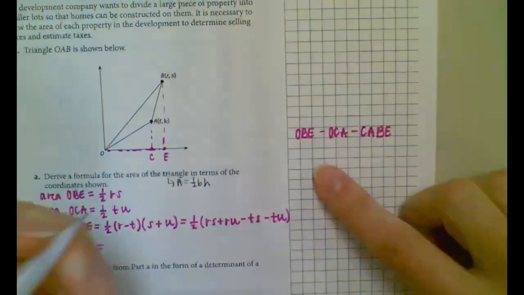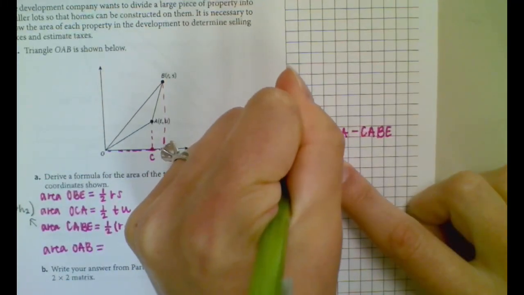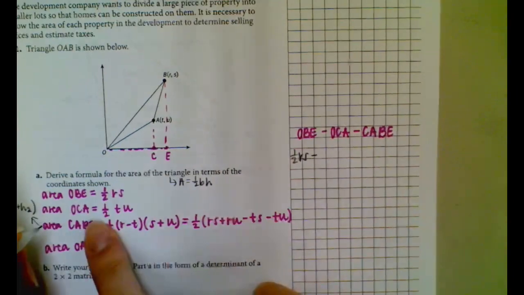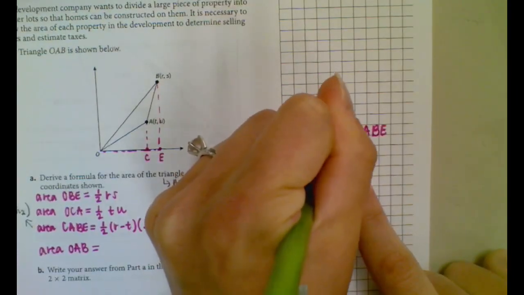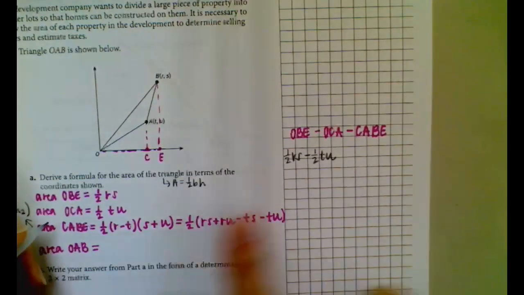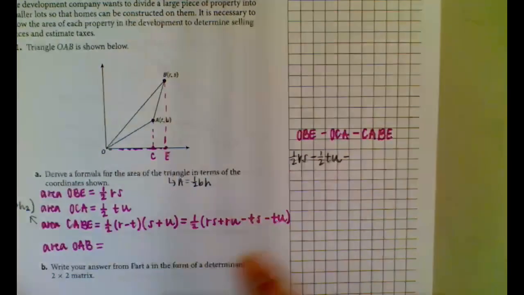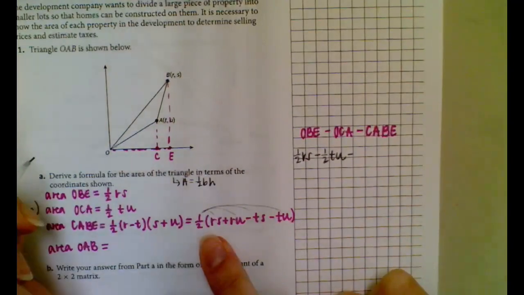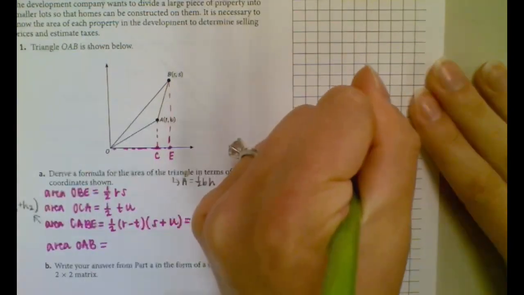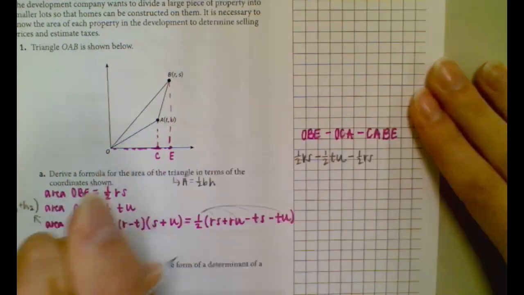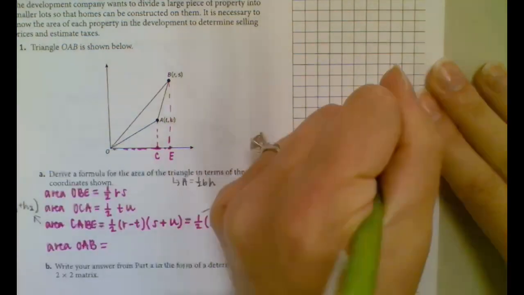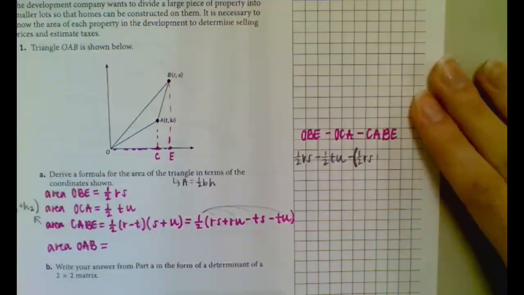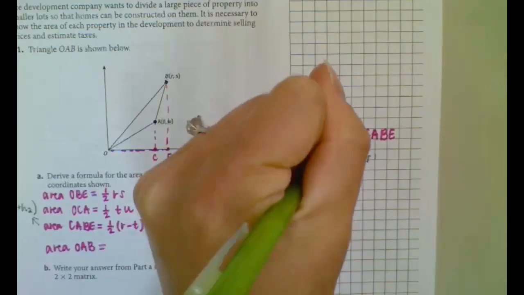So we've got 1/2 RS minus 1/2 TU minus, and I'm going to distribute this 1/2 all the way through. I'm going to put parentheses around that, and around this.